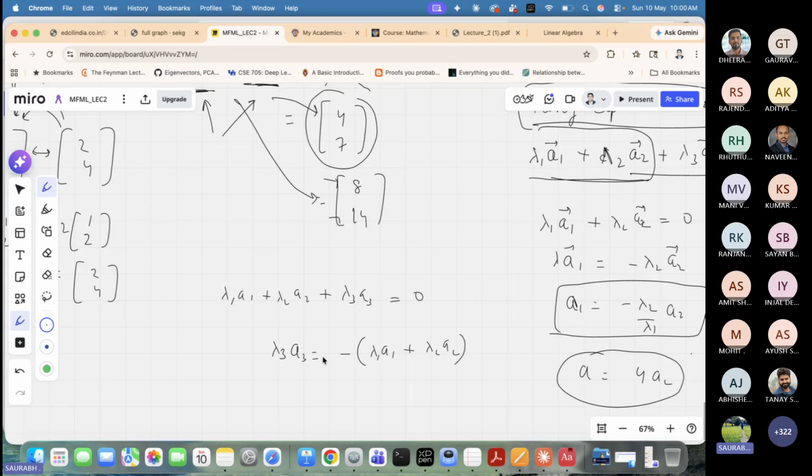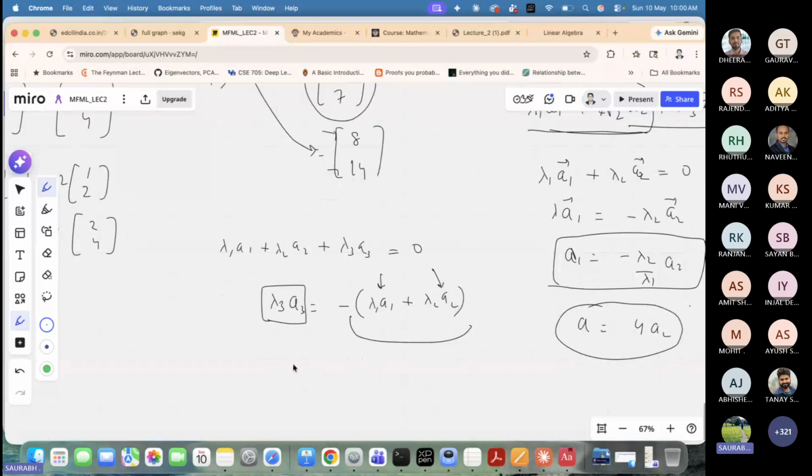What you're saying is, when you scale the first vector and scale the second vector, add them together and multiply with a negative number, then you get lambda 3 a3. Or you can say that a3 is minus lambda 1 by lambda 3 times a1, plus, or sorry, minus lambda 2 by lambda 3 times a2.